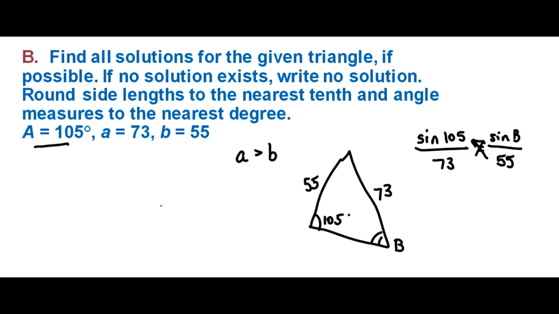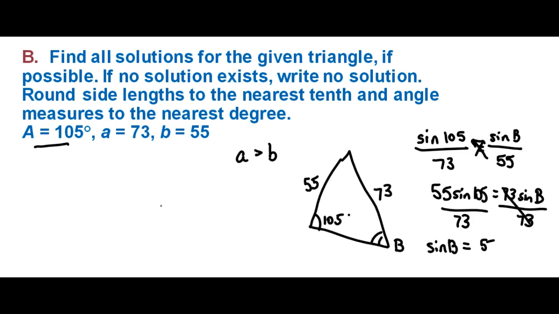When we cross multiply, we get 55 sine of 105 equals 73 sine B. So sine of B, when we divide both sides by 73, is going to be 55 sine of 105 over 73.